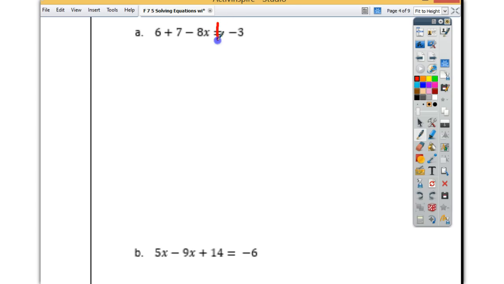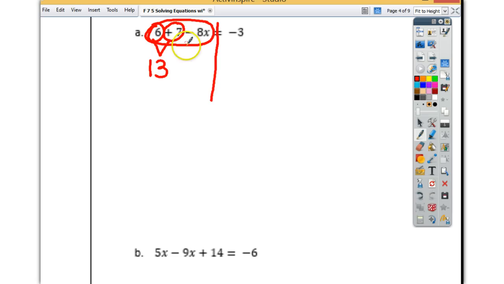All right, now let us come up with the answer. Can I combine any like terms on this side and make it simpler? My constants, a 6 and a plus 7. What do those simplify to?